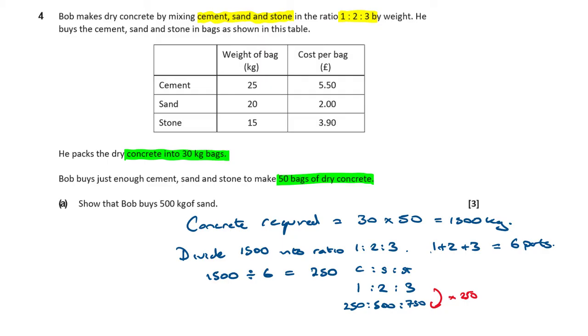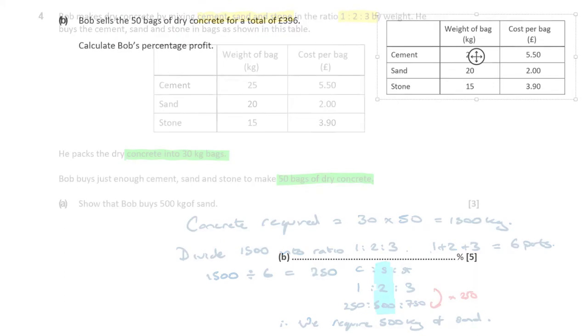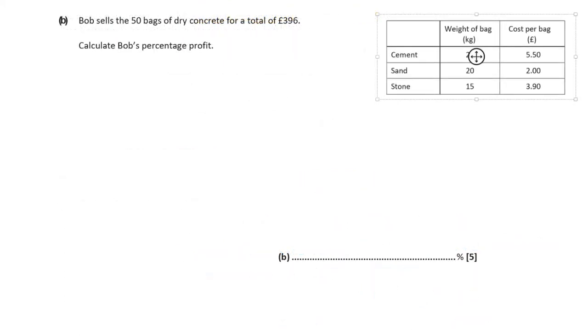So we've done what we needed to do, haven't we? Sand is this one here, it's 500. So I can just say, therefore, we require 500 kg of sand.